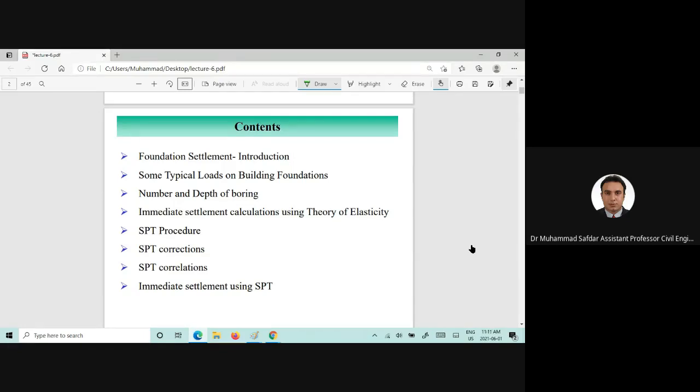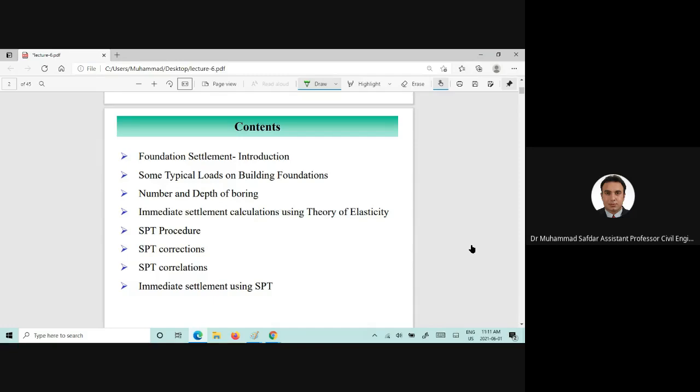So the contents of today's lecture would be discussing the foundation settlement, introducing the concepts of settlement, some typical loads on building foundations, and the number and depth of the borings, that is, why we conduct boring into the soil.